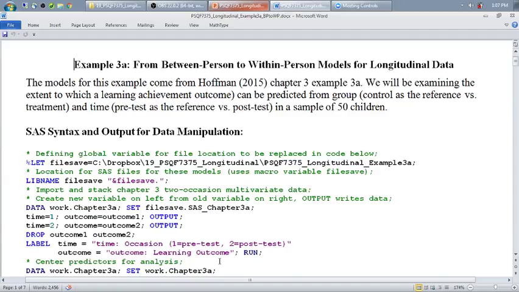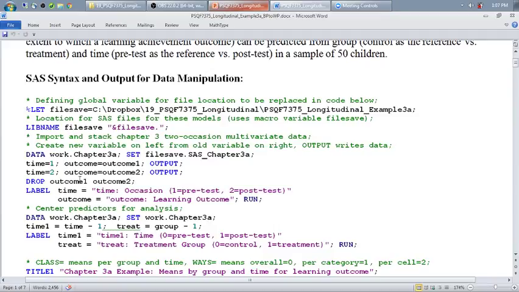Okay. So again, we only have two variables, time and group. Here is an example of how you would take a file that used to be wide or multivariate, where it's one row per person, and we would stack it into a longitudinal or one row per occasion per person stacked type of file.